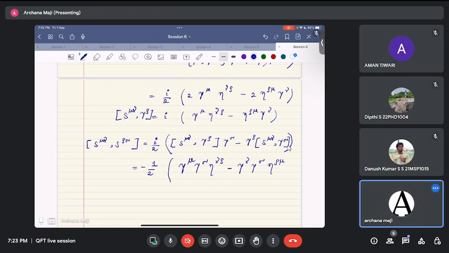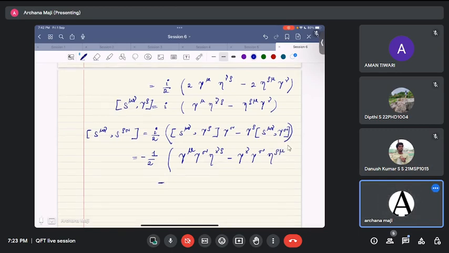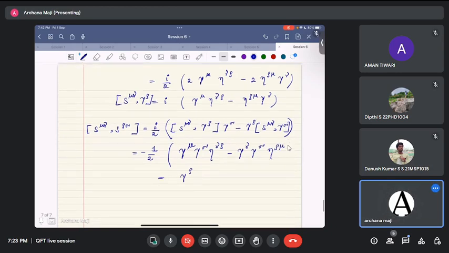Minus the term will give us, instead of rho, now we have sigma. So gamma mu eta mu sigma plus gamma rho gamma nu eta sigma mu.